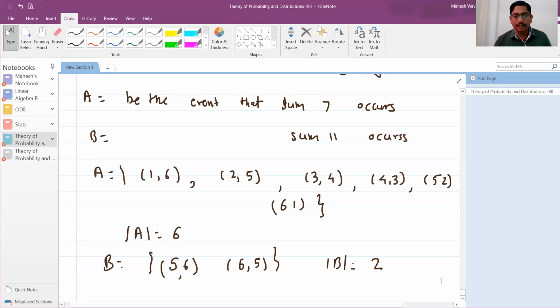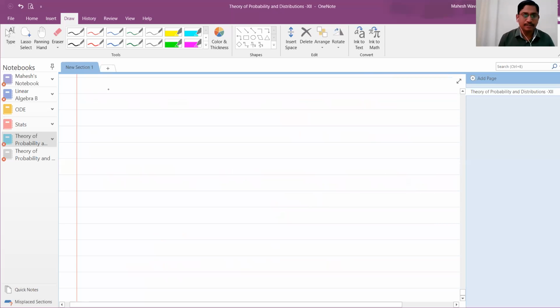So A union B: A and B are disjoint, because when you get sum 7, you will not get sum 11. So A and B are mutually exclusive events. So you can easily write the probability of A union B as probability of A plus probability of B, because A and B do not have anything in common.